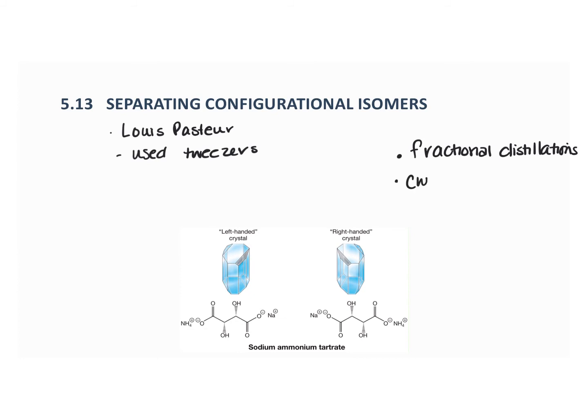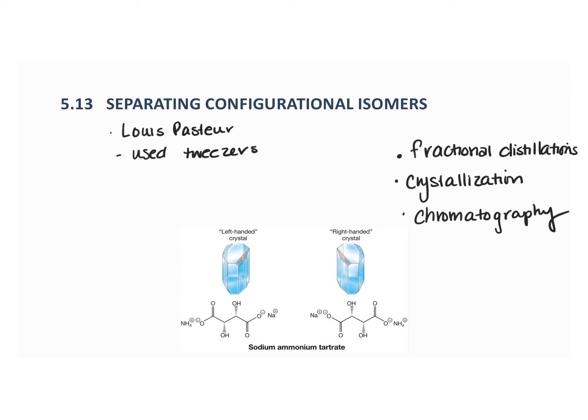If they have different solubilities, we can separate those diastereomers by crystallization. We can also use chromatography with different polarities, right? So those are some ways that we can separate our diastereomers. Now, enantiomers can't be separated by these methods in an achiral environment, right?